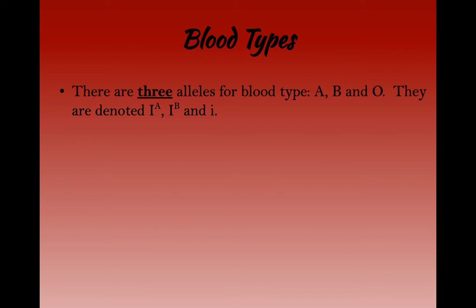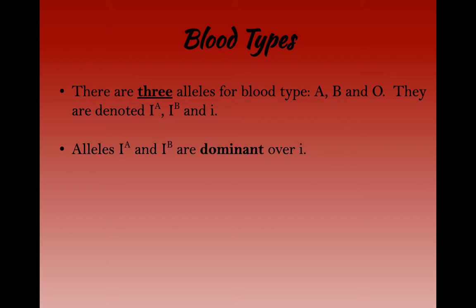In order to determine someone's blood type, there are three alleles. There's an A allele, a B allele, and an O allele. And they're denoted capital I with a superscript A, capital I with a superscript B, and a lowercase i.